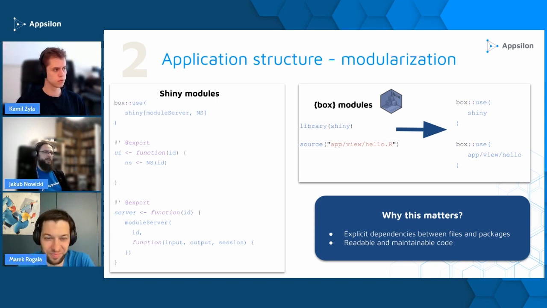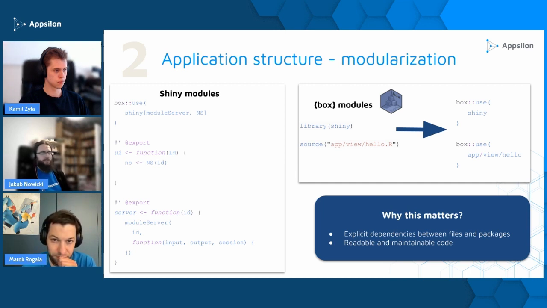Instead, box forces you to write explicit dependencies in each file. So you need to provide all packages that are required, all other files that are required, and define which functions from these files are available, so you have a very clear API of this file.